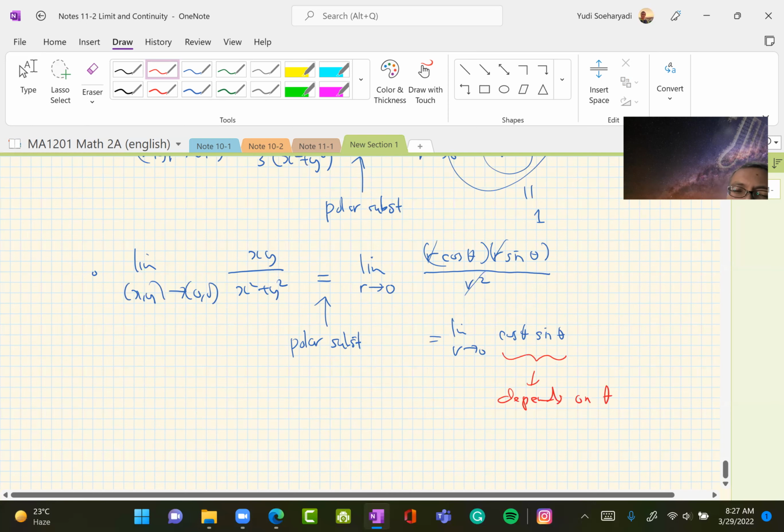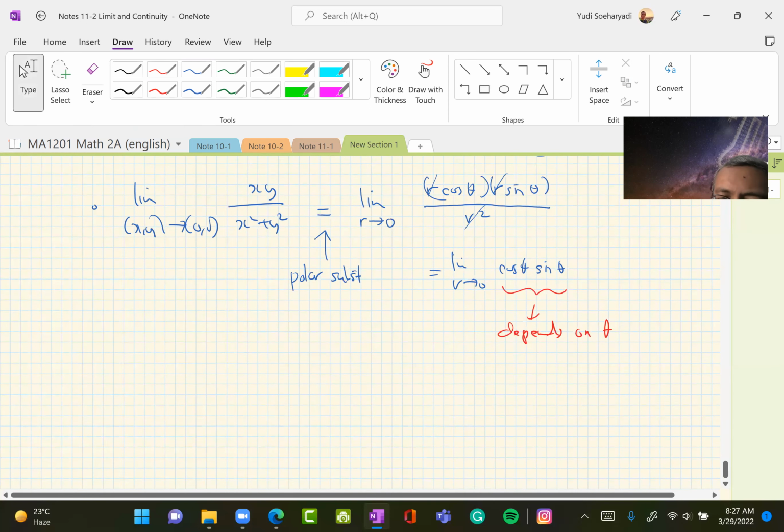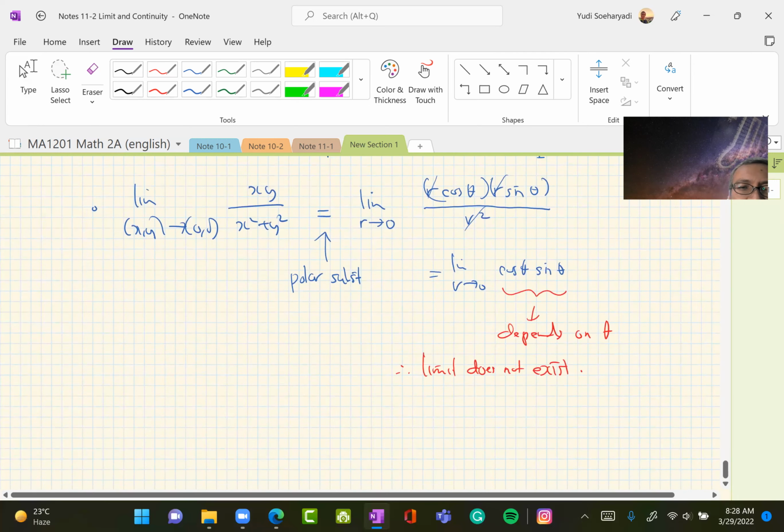So different theta gives you different values, so the limit doesn't exist. All right, so that's the question of the limit not existing and polar coordinates.